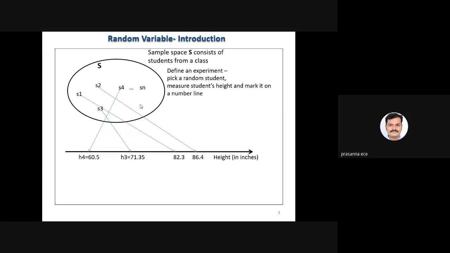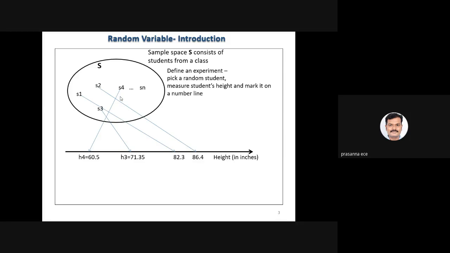Now we can design a set of rules to be followed, whereby we assign a particular number to the outcome of this random experiment. Take the same experiment where we are picking a student randomly from a class. This is the student I have chosen.